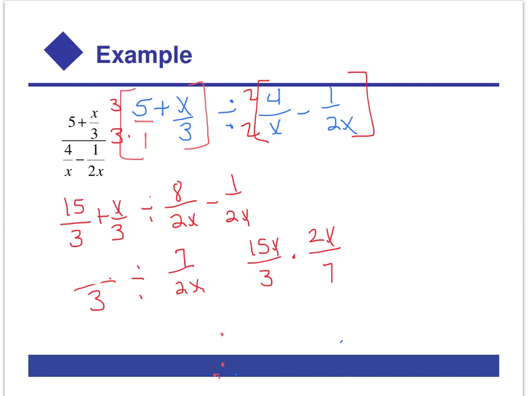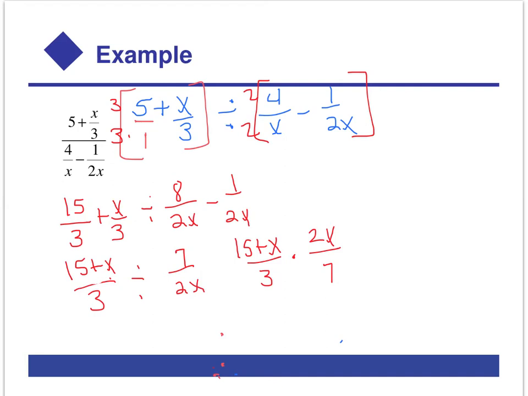So it's 15 plus x, and the same thing here. So now we have 15 plus x over 3 times 2x over 7.